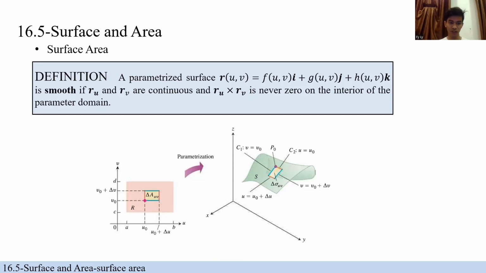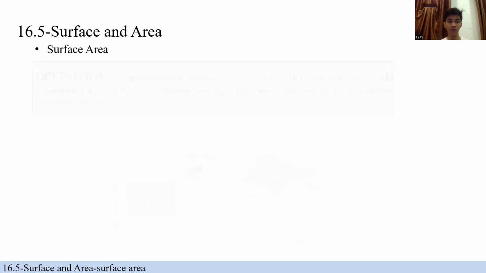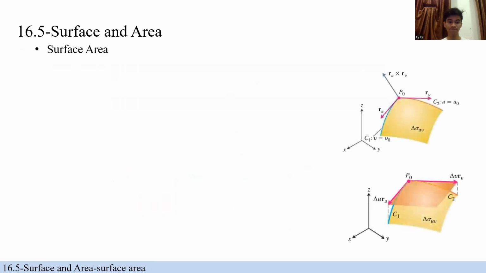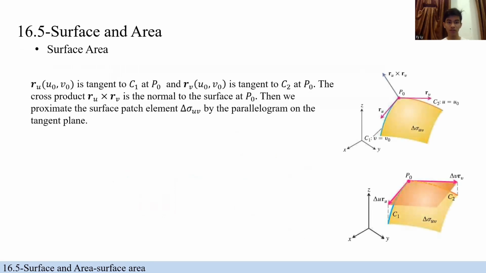As you can see, here is a rectangle of area delta A sub uv on the uv plane mapped to the element of surface delta sigma sub uv on the surface S. We take C1 and C2 tangent at P0.